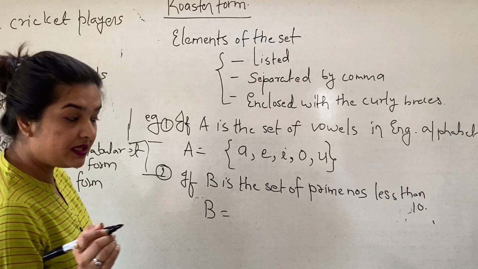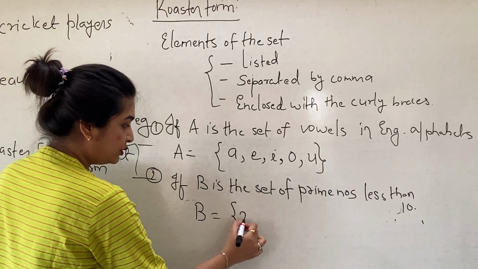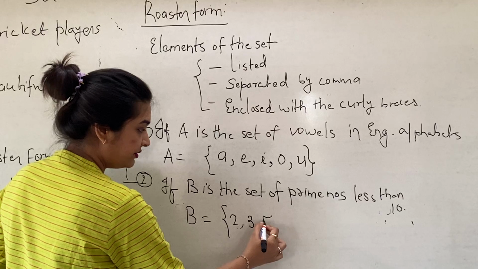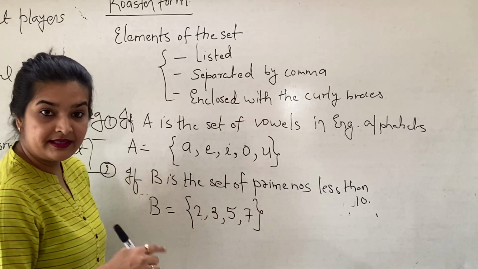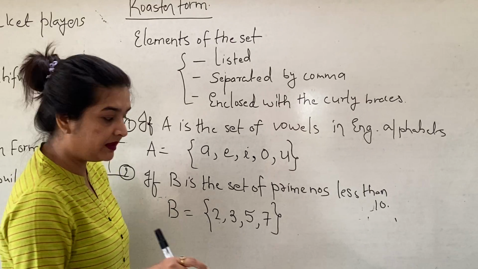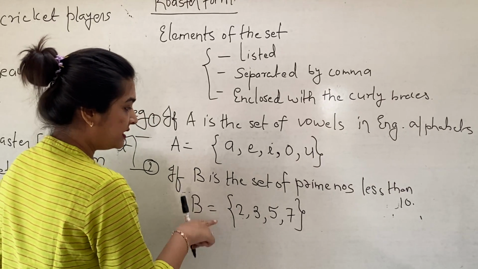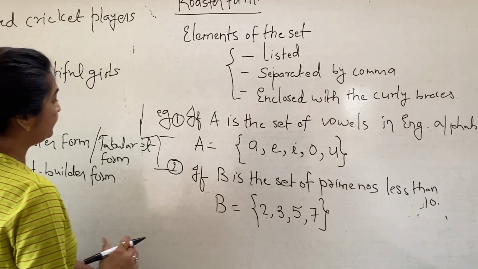What are the prime numbers less than 10? That is 2, 3, 5 and 7. Numbers less than 10. What numbers? Prime numbers. So this is the roster form of this particular set.